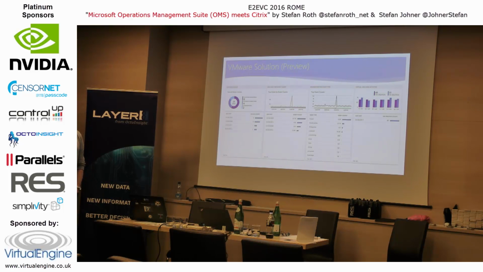So Microsoft did pretty much the same as Stefan did now for Citrix, they did for VMware. They created a solution also based on logs they get from VMware ESXi hosts, and they built a nice dashboard out from it.